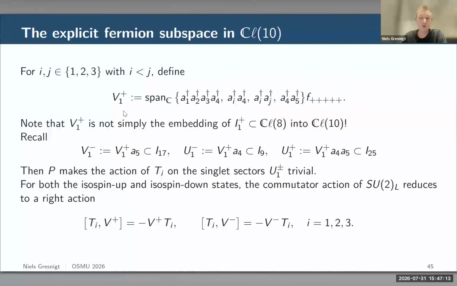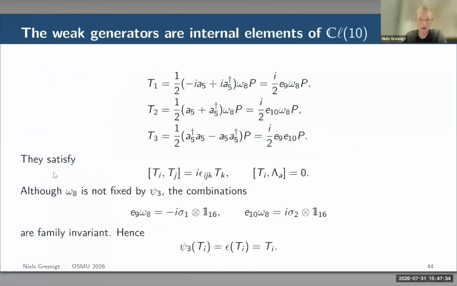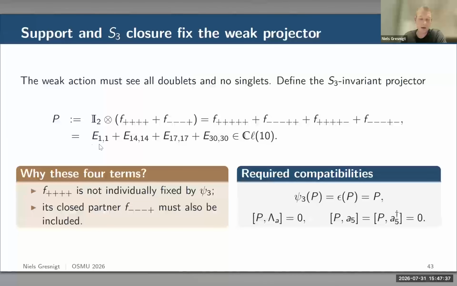Once we've chosen this V1 plus, then we can identify these other 3 sectors, to have the doublets and the singlets. And then the action of SU2 on the singlet sectors is going to be trivial because of this projector P. So if we just go back, we see P here.